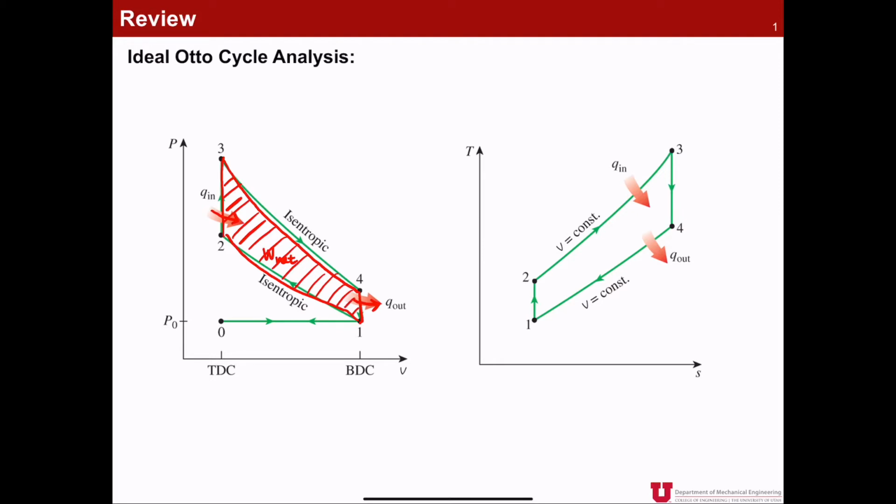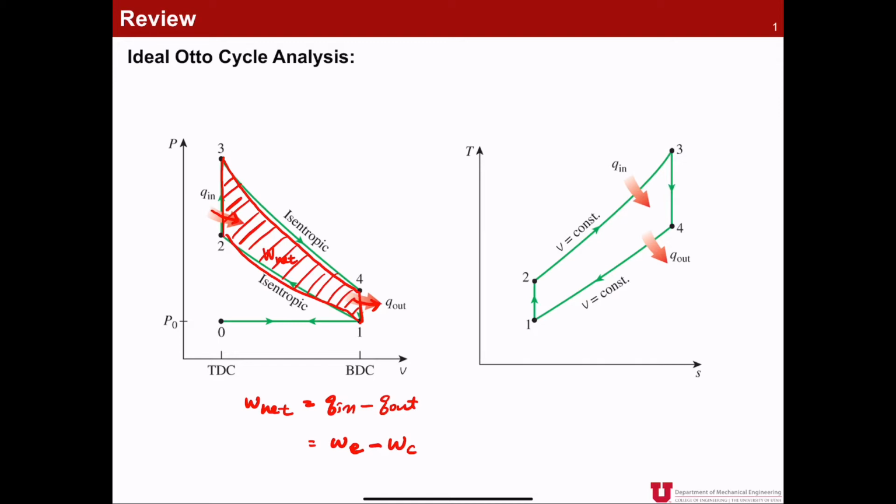From the first law of thermodynamics, we can calculate the net amount of work as Q in minus Q out. Or net work can be calculated as expansion work, during the process 3 to 4, minus compression work, from process 1 to 2.